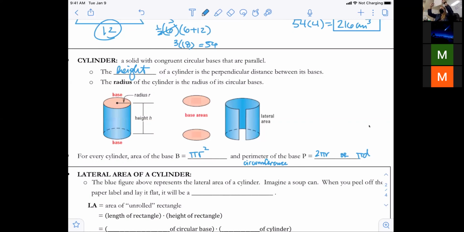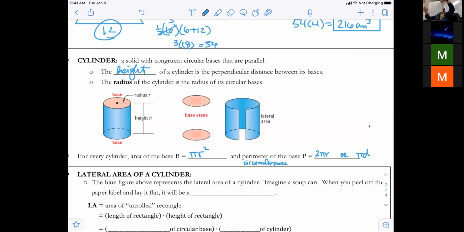So my lateral area is just the area of this rectangle that comes as my label around my soup. One of the sides is the height of my cylinder. So like this is the height, which is this short distance when I unravel it.